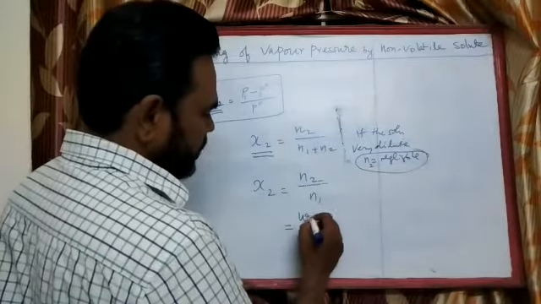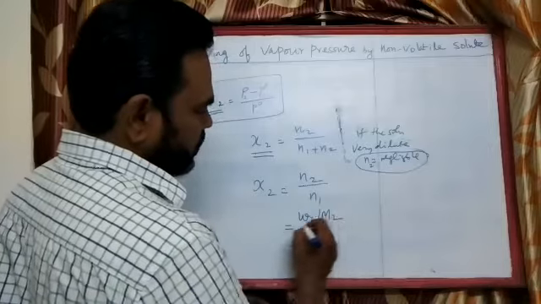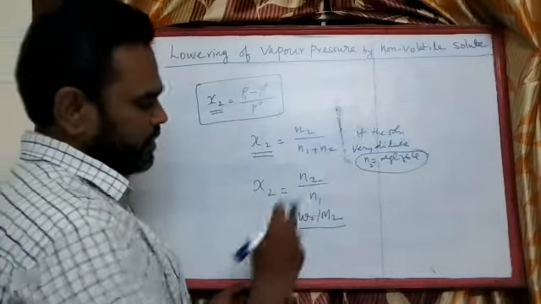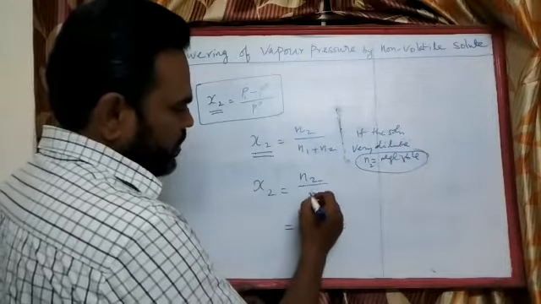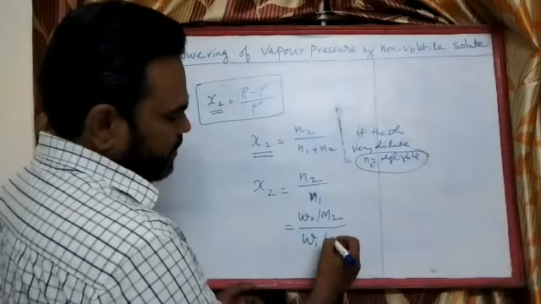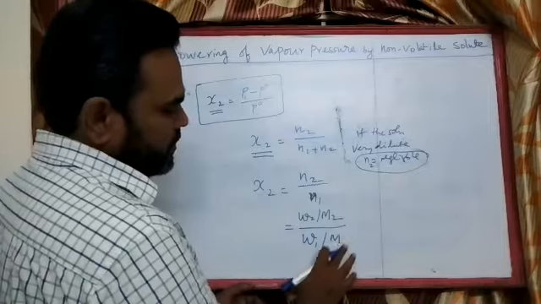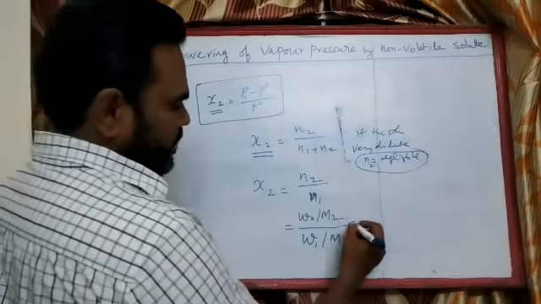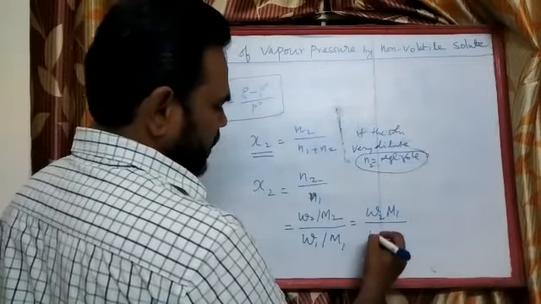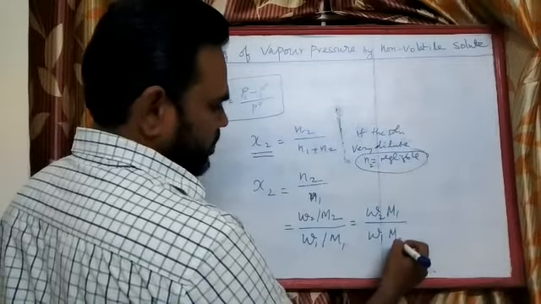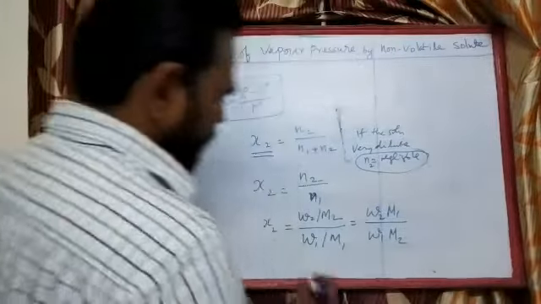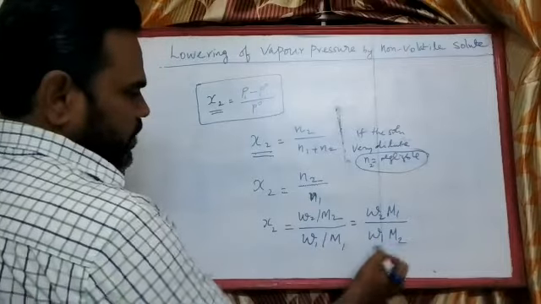This is nothing but W2 by m2, weight of the solute divided by molecular weight of the solute. What is n1? Number of moles of solvent is equal to weight of the solvent divided by molecular weight of the solvent. So x2 is equal to W2 m1 divided by W1 m2.